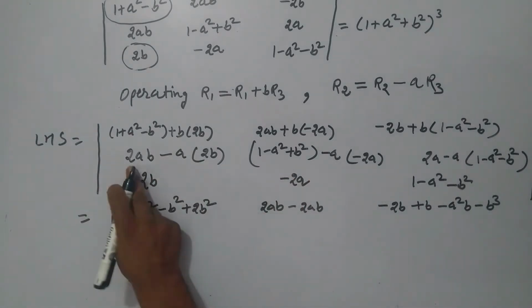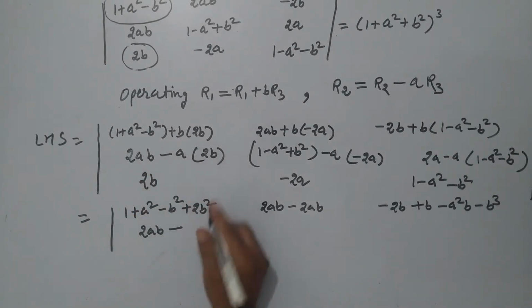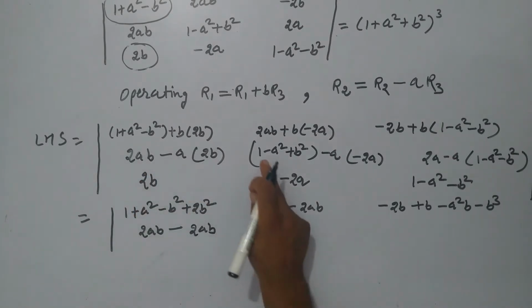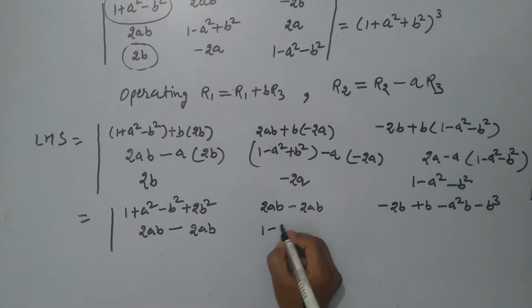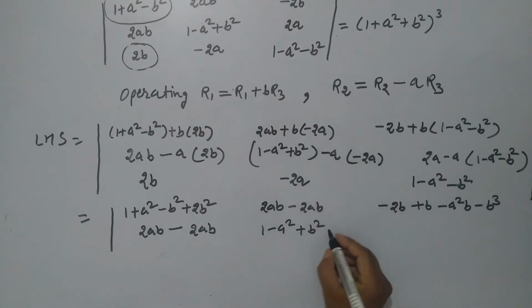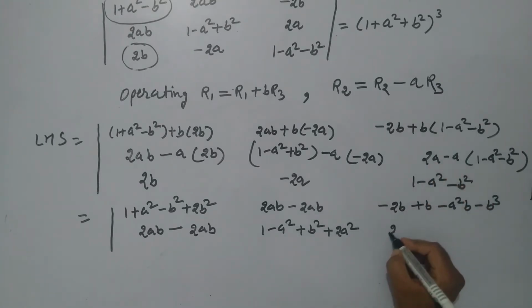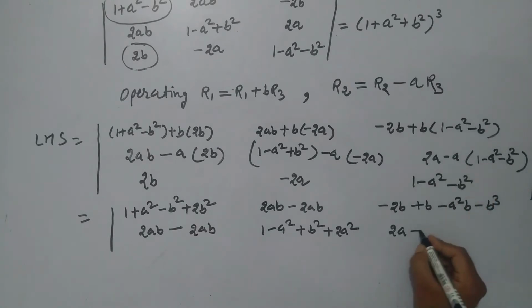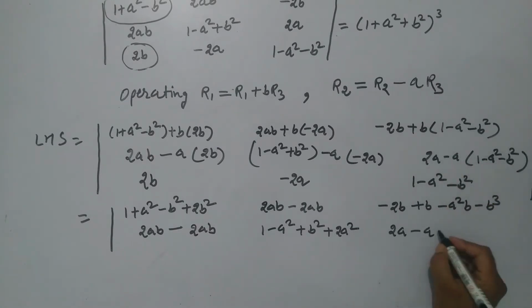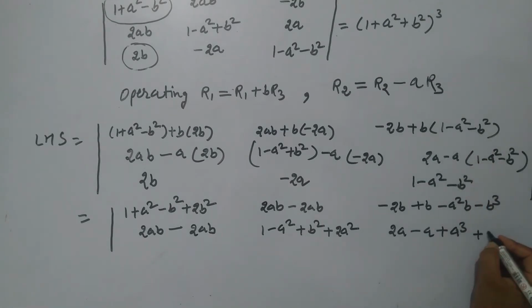Second row this becomes 2ab minus 2ab. Here this becomes 1 minus a square plus b square, minus minus plus 2a square. This becomes 2a minus a minus minus plus a power 3 minus minus plus a into b power 2.